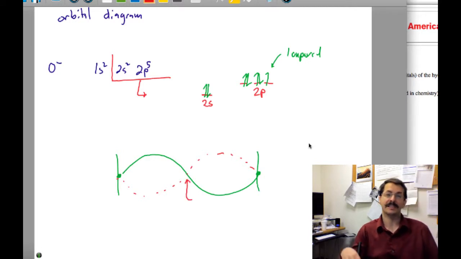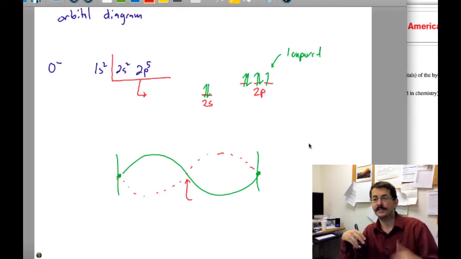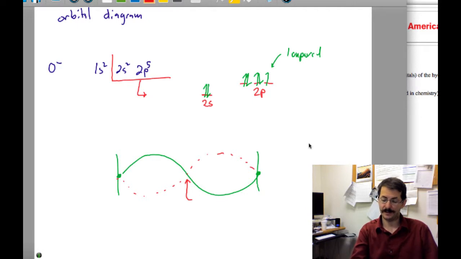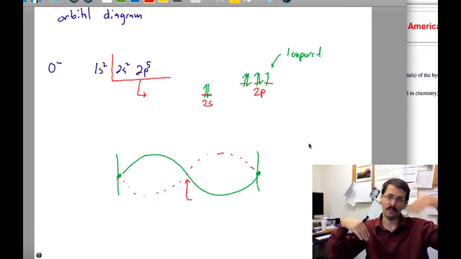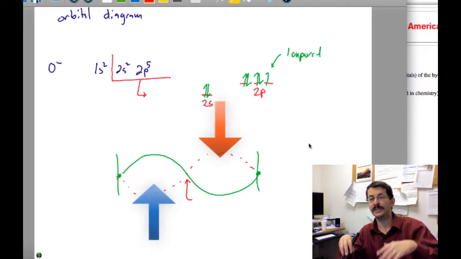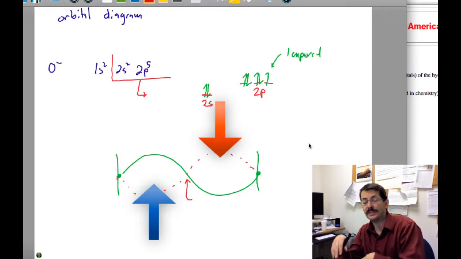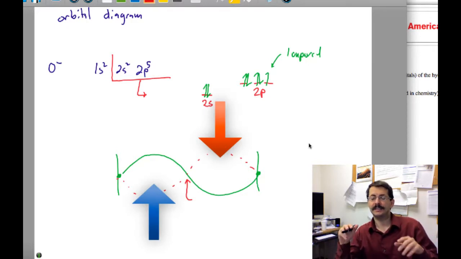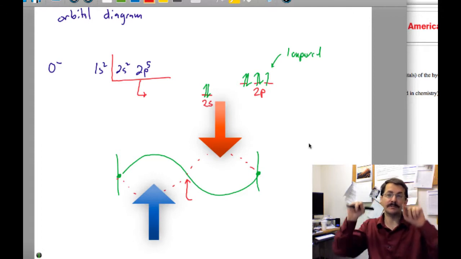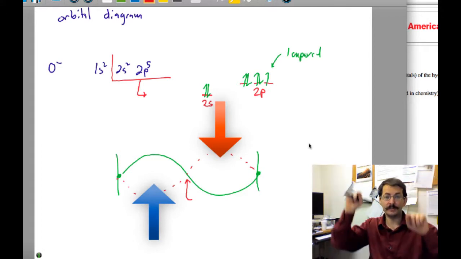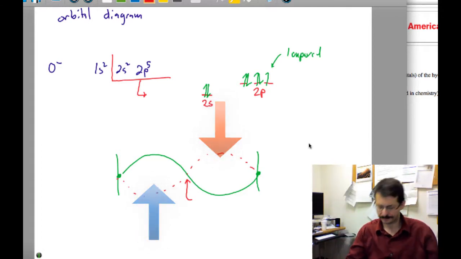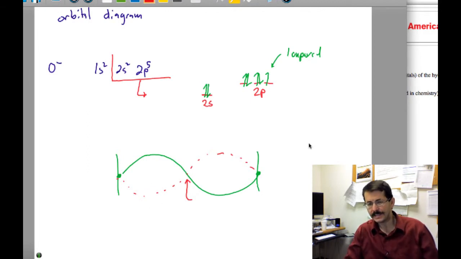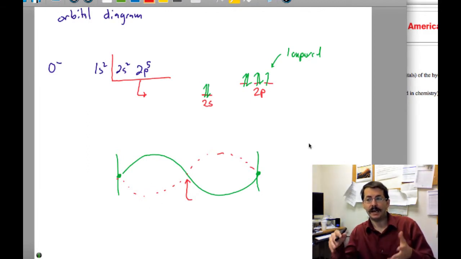Nodes represent areas where the phase changes. So here we have the jump rope and its amplitude in one location, its amplitude in the other. And the phase of these two components is opposite. One goes up, one goes down. Right? So this is, again, a standing wave in a box, or a particle in a box.